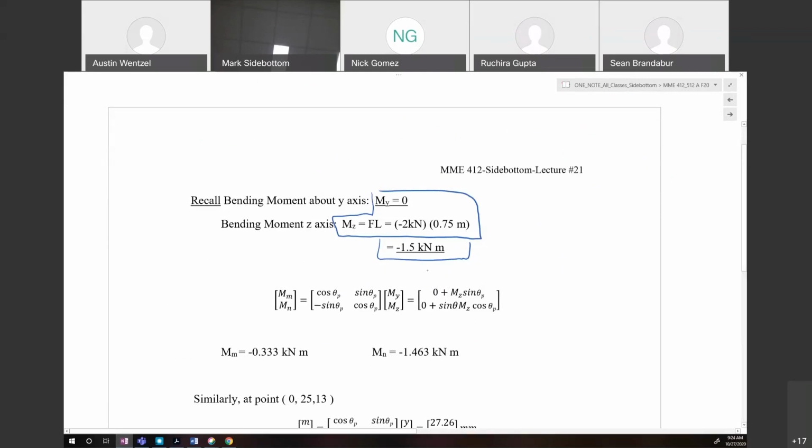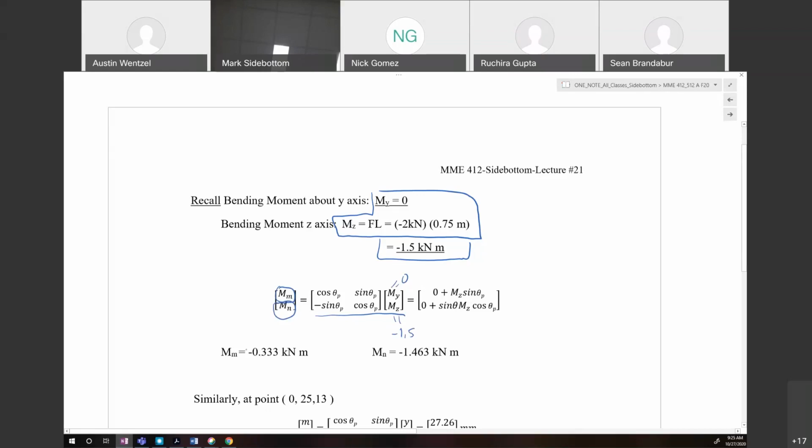So using this information, we can then solve for the moment about the m-axis and the moment about the n-axis using the transformation equations. So we plug in MY is 0, we plug in MZ is equal to minus 1.5, and we plug in theta p.